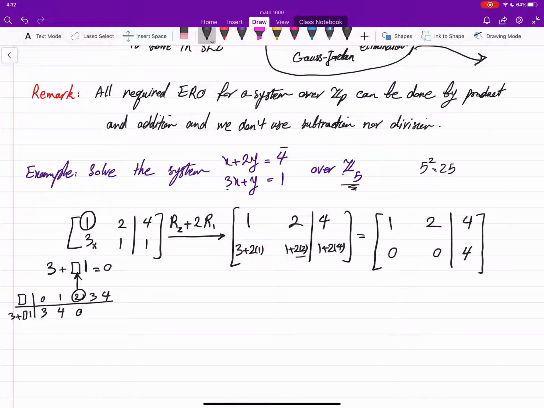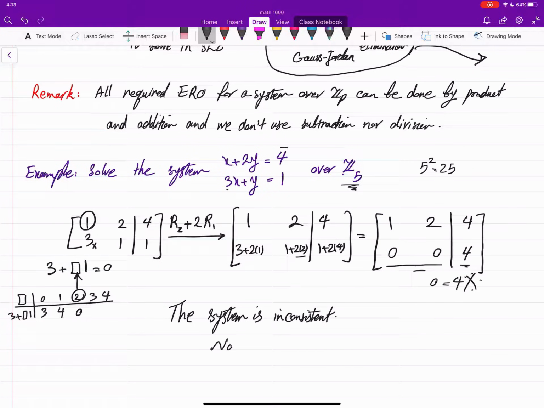First of all, this is row reduced echelon form. It is row echelon form. And the second thing you notice is that we have a 0 row equal to 4. In other words, if I write the equation for this row, it will be 0 equals 4. Not acceptable. So the system is inconsistent.